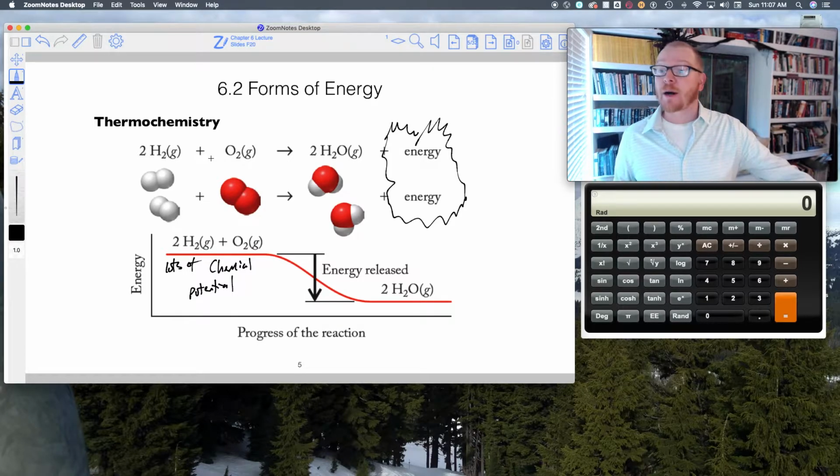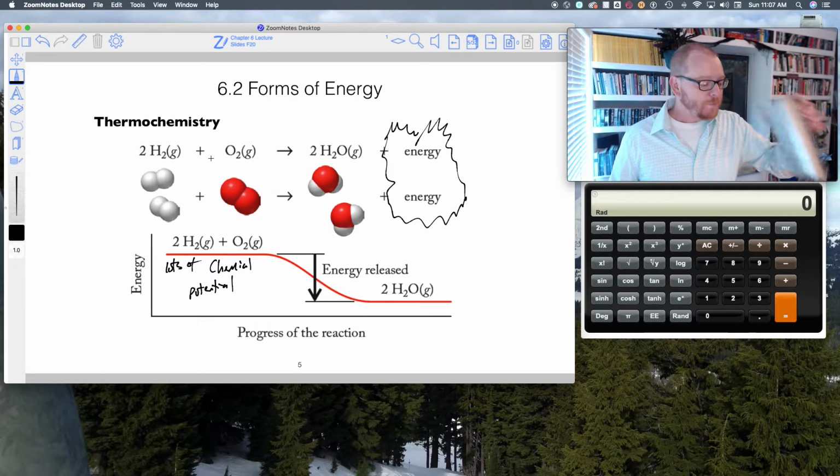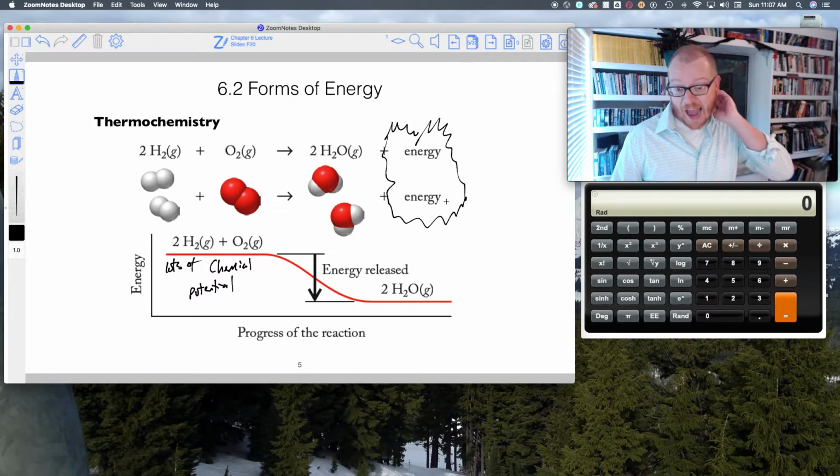Think about all of the combustion reactions we've talked about. Those reactants have a lot of chemical potential. And when they react and blow up, that potential energy is getting converted into kinetic energy. Okay, so energy is being released.